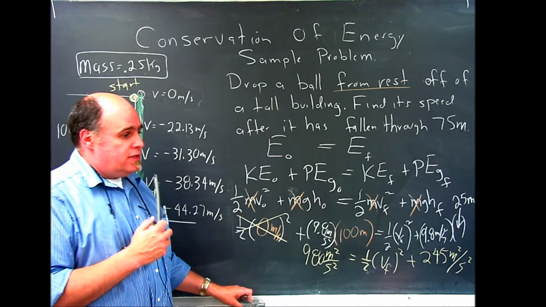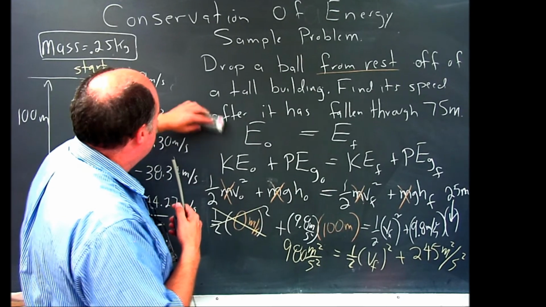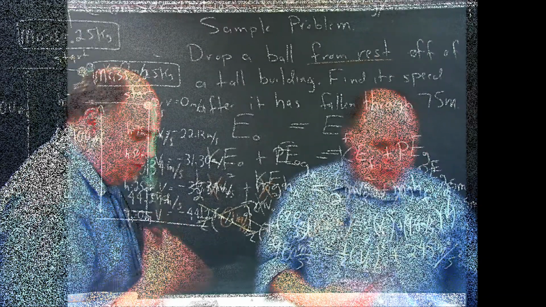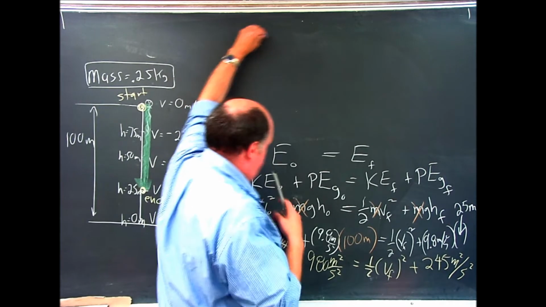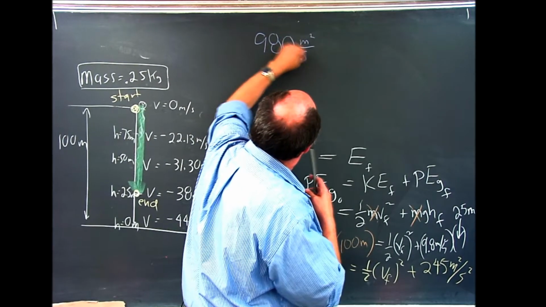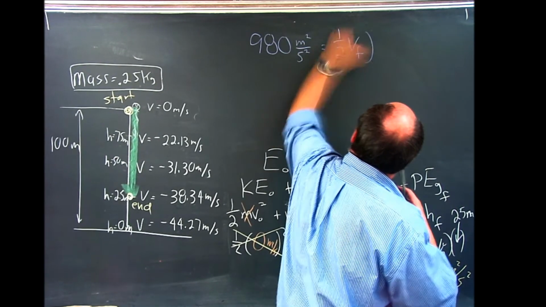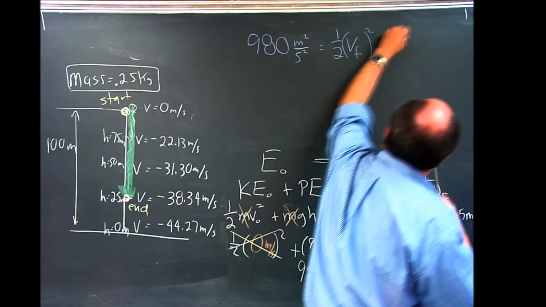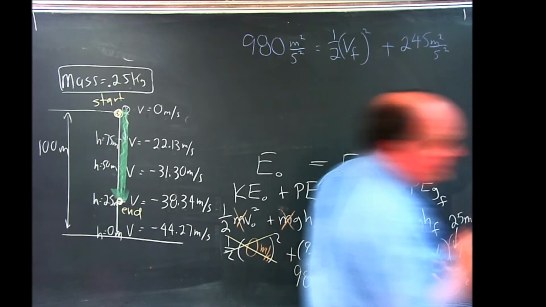Well, it's difficult to continue going down because I've run out of space. So if I go to the top here, I'll just erase the top for a moment. I'll rewrite the last line. So the last line down here was 980 meters squared over seconds squared equals 1/2 V final, which was squared, plus 245 meters squared over seconds squared.